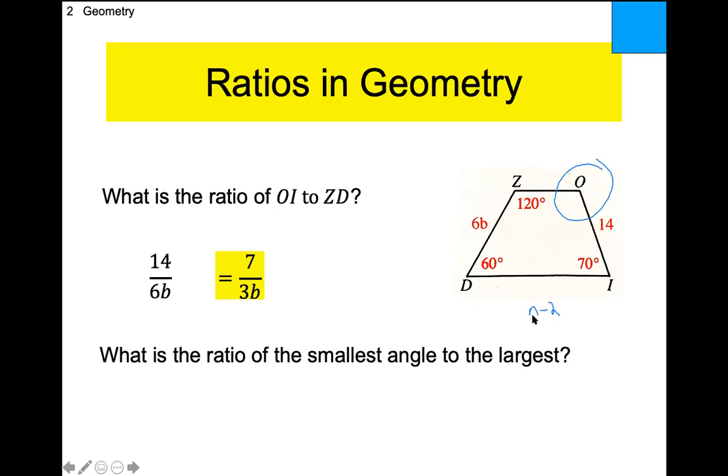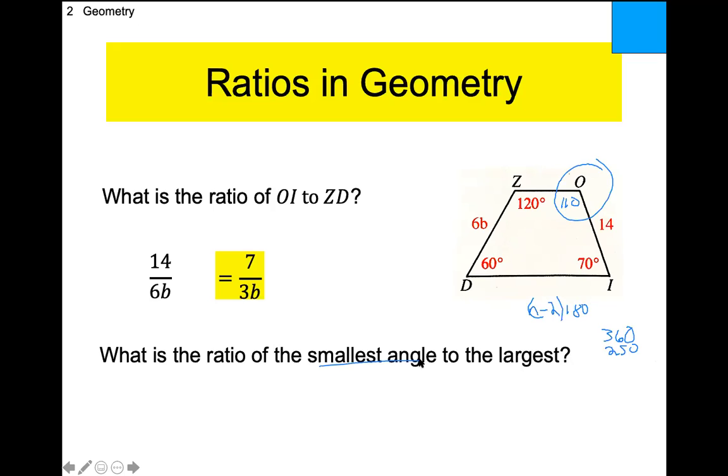N minus 2 times 180 would give us the sum of all the angles. It's got 4 sides, 2 times 180 is 360. So we know all the angles added up would be 360, so it's 130 degrees. Oh, 130 plus 120 is 250. So, oh, never mind, then it's 110. So it's 110.